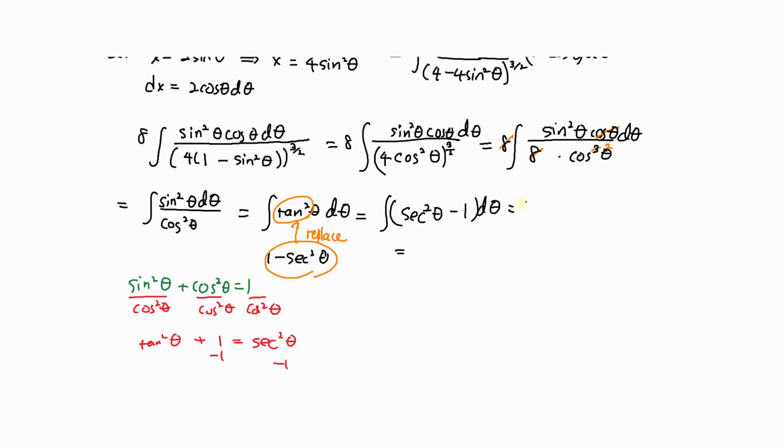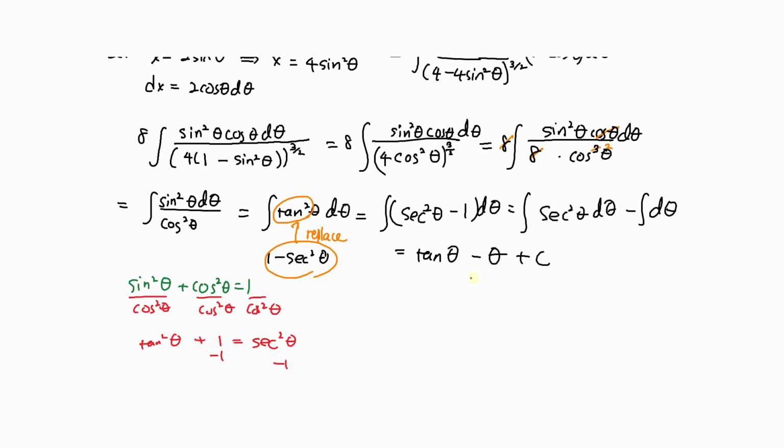Now I can split it in two. The integral of secant squared theta will be tangent theta, or just imagine that if I take a derivative of tangent theta, it becomes secant squared theta, and then minus theta plus c.